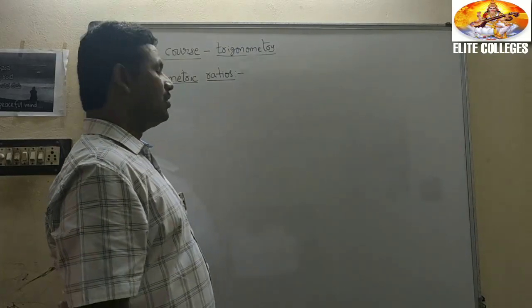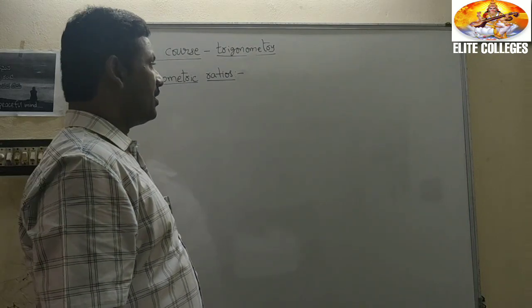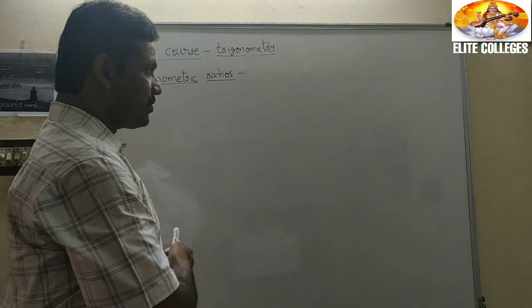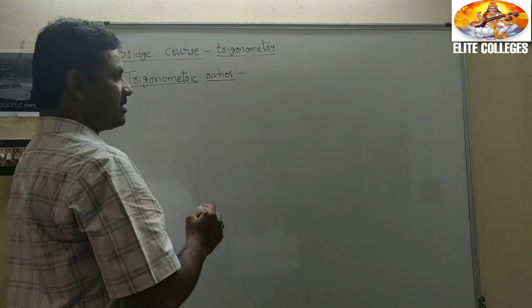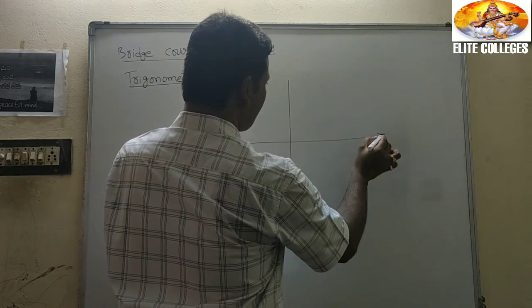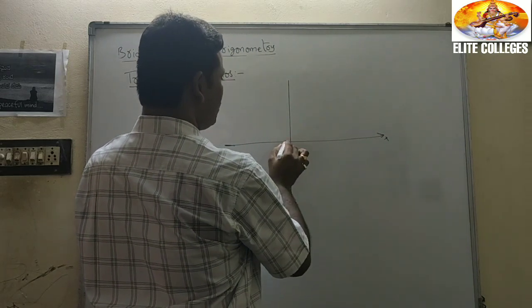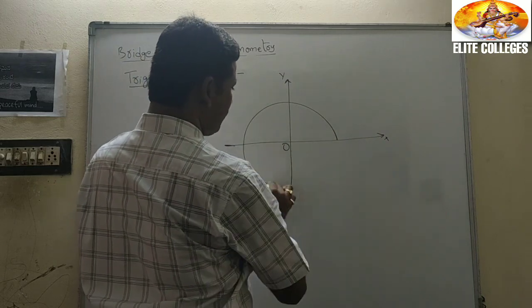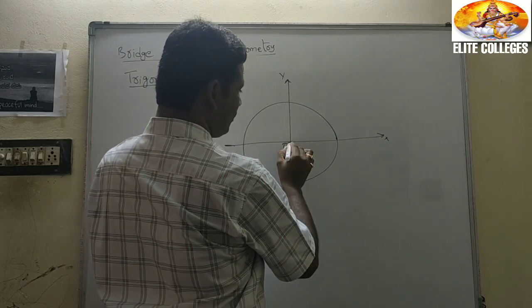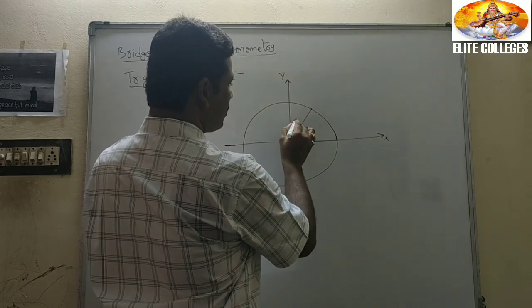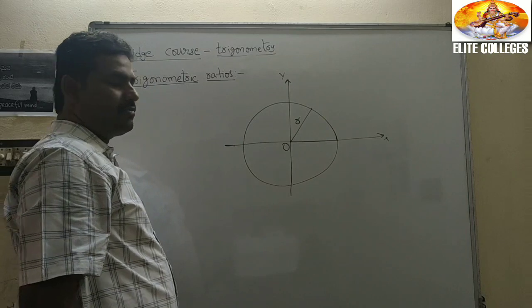Right, students. Now we define the trigonometric ratios or trigonometric functions. Now consider a circle of radius r units.